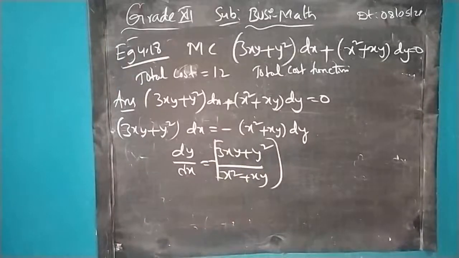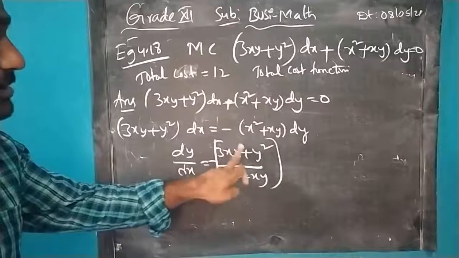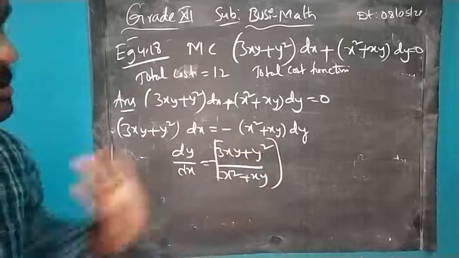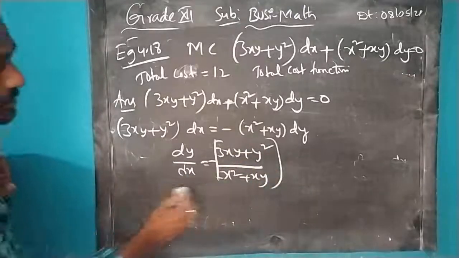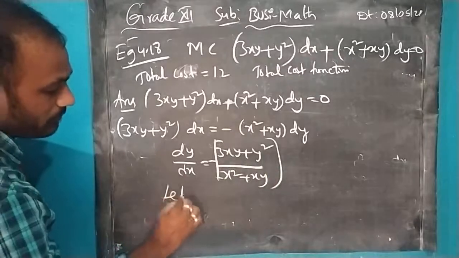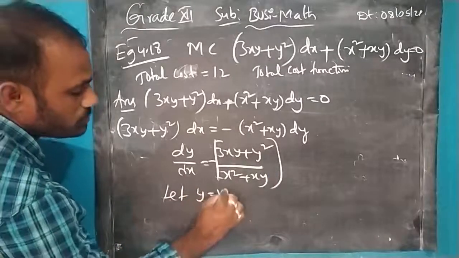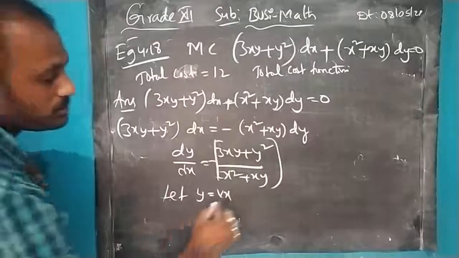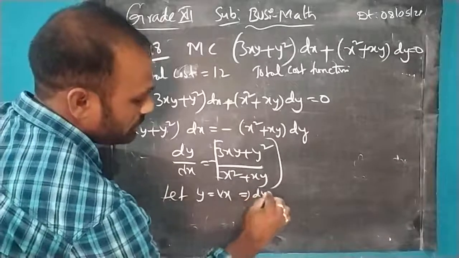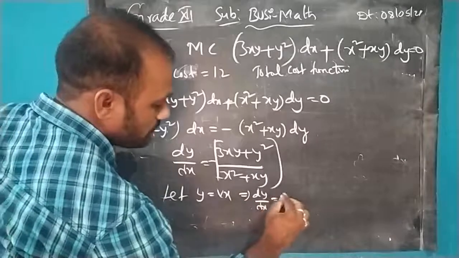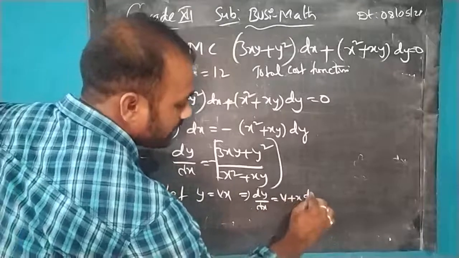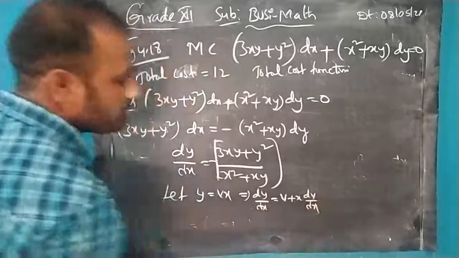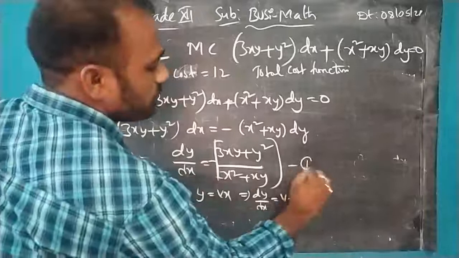Okay, now we got it here. The powers: 1 plus 1 is 2, here also 2, here also 2, here also 2. So it is homogeneous. Now let y is equal to vx. If y is equal to vx, then differentiating, dy by dx is equal to v plus x dv by dx. So let me replace this in this equation first.